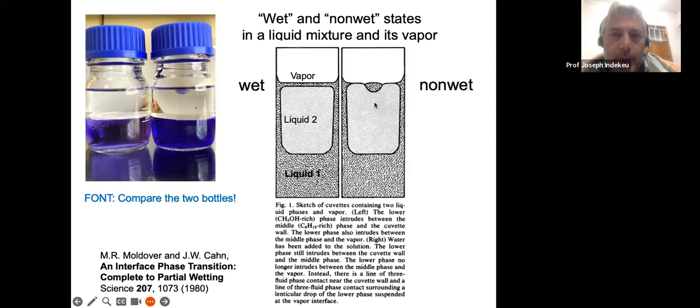Whereas the droplets on the right can have a macroscopic size, and as you have seen here in the photographs, it could be of the order of a centimeter. So this is our situation, and now we will try to understand these states and also the transition between those states.